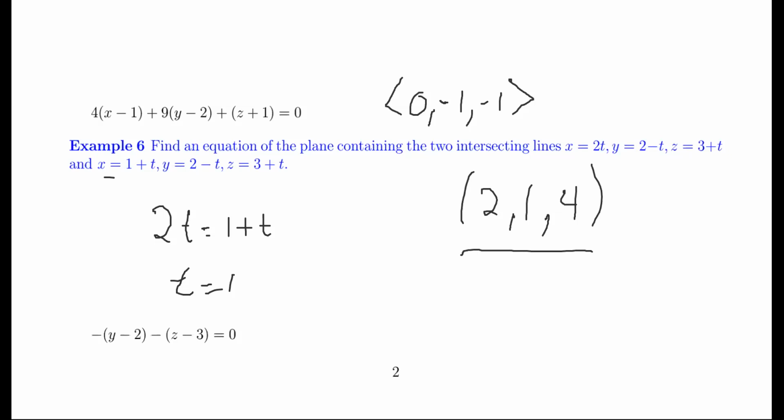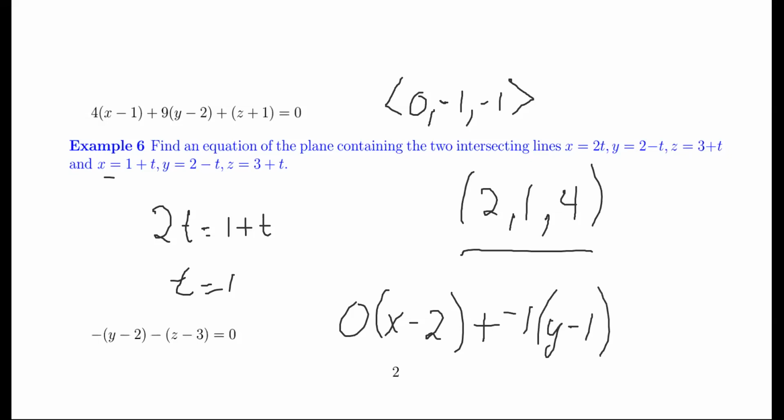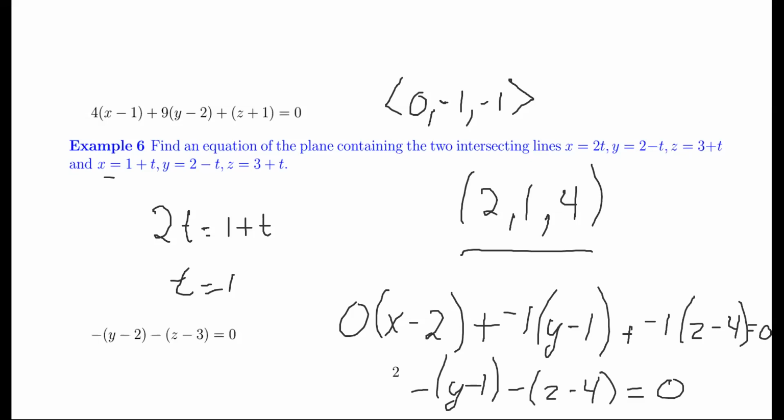Well, that is 0 times x minus x naught, plus a -1 times y minus 1, plus a -1 times z minus 4, is equal to 0, or in other words, negative (y minus 1) minus (z minus 4) is equal to 0.